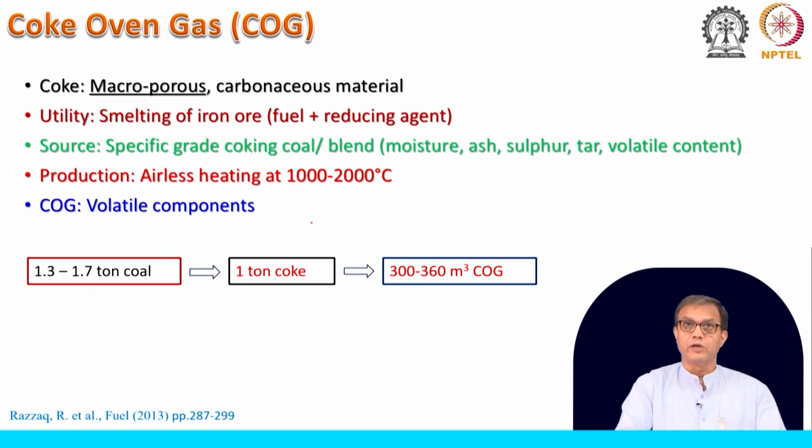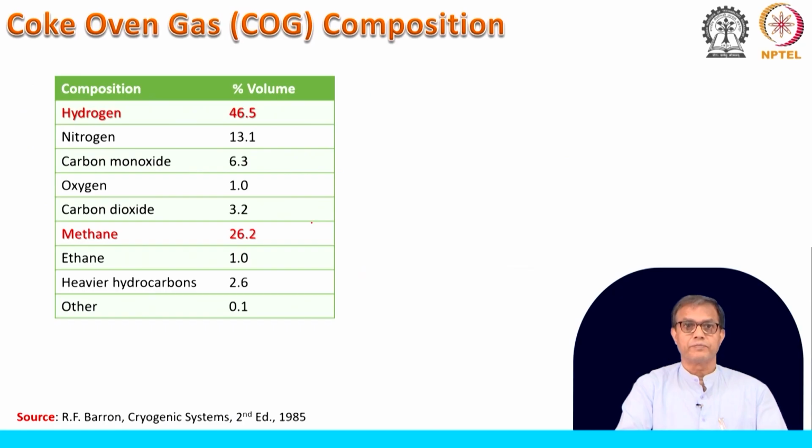Now, what does this coke oven gas comprise of? I got this composition from Barron's book. Typically, we have hydrogen, nitrogen, carbon monoxide, some amount of oxygen also, carbon dioxide, methane, ethane, heavier hydrocarbons and others.